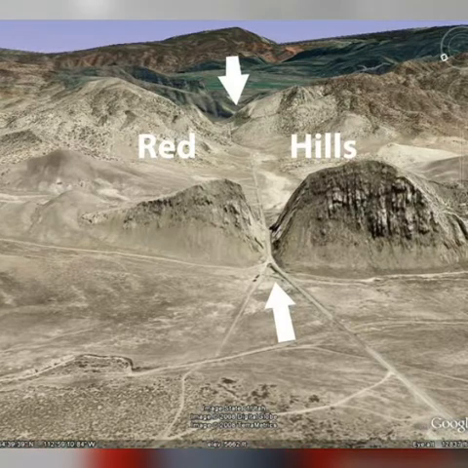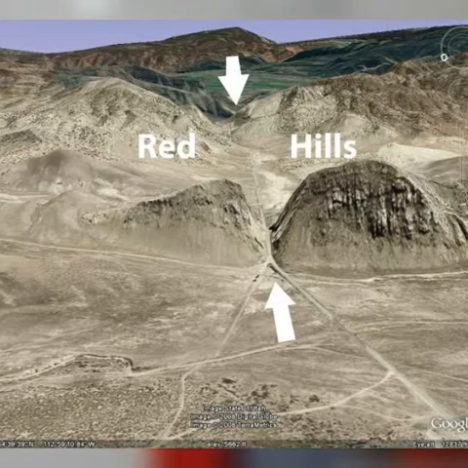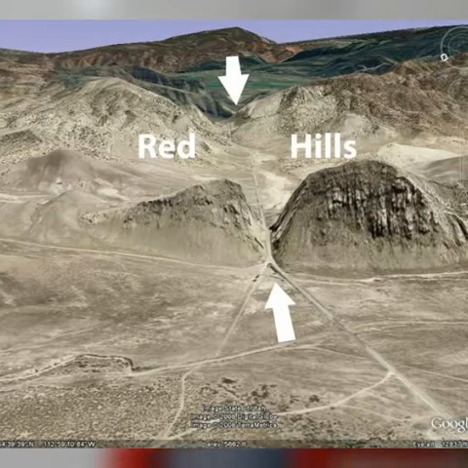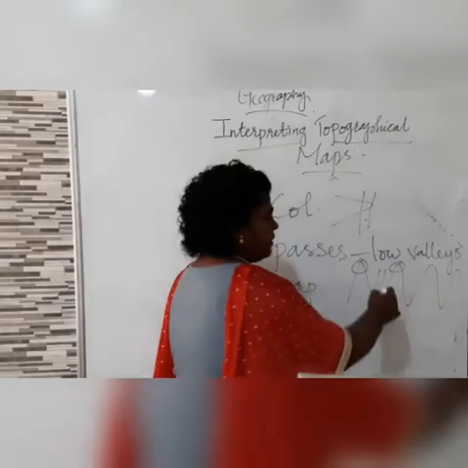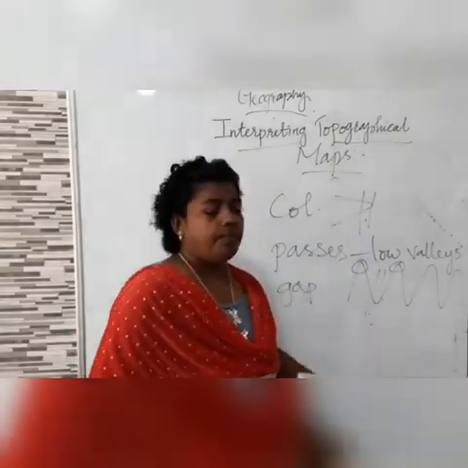For example, this is the range of hills. Between these two peaks, what can you find? You can find the low valleys. That is called what? Passes.